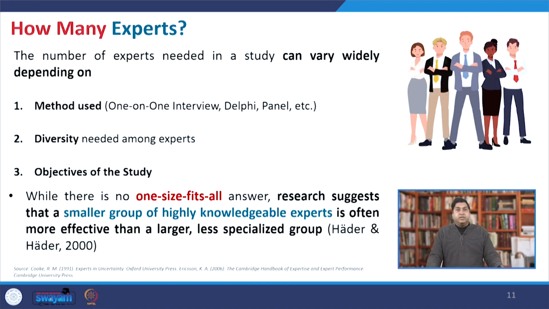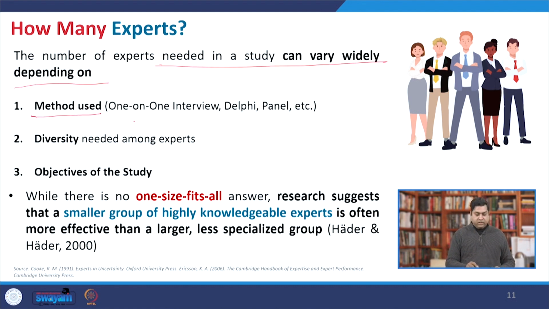The next question is how many experts? The number of experts needed in a study can vary widely depending on factors. First, the method used, where you go for one-to-one interview or the Delphi or the expert panel. So, it will depend on that.